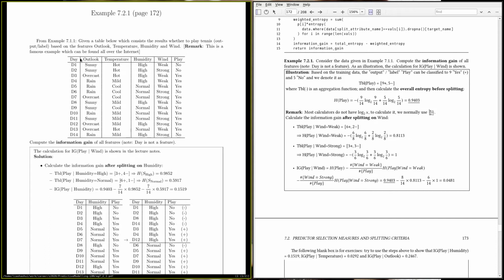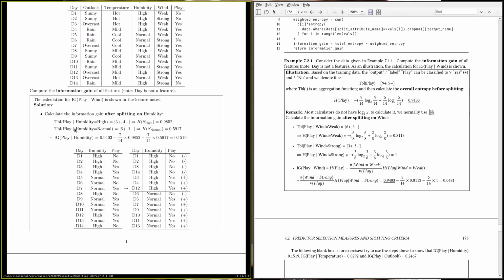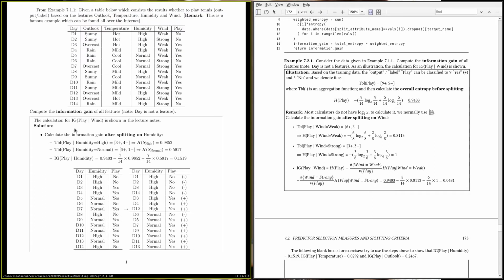It consists of day, outlook, temperature, humidity, wind, and finally the target or output is play, whether to play tennis or not. The day is just a row index, like a staff ID, so no need to consider it.